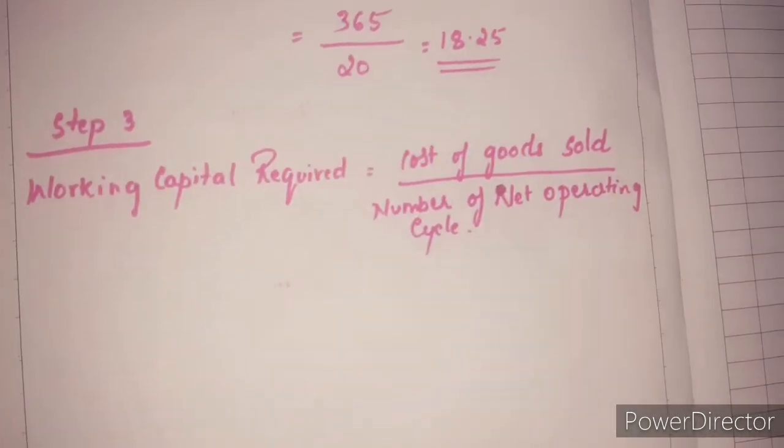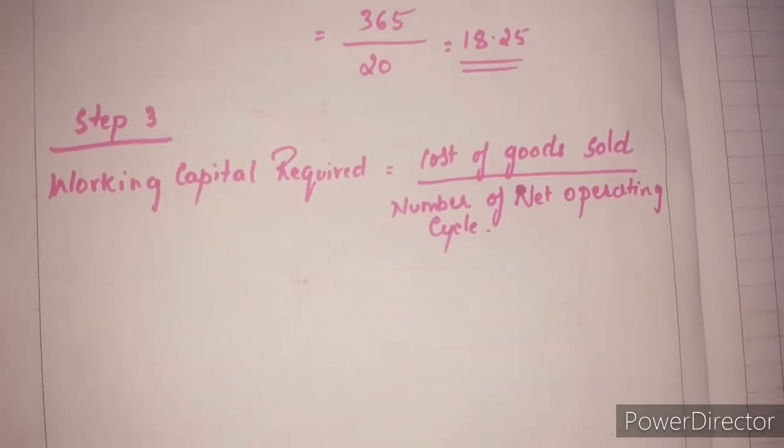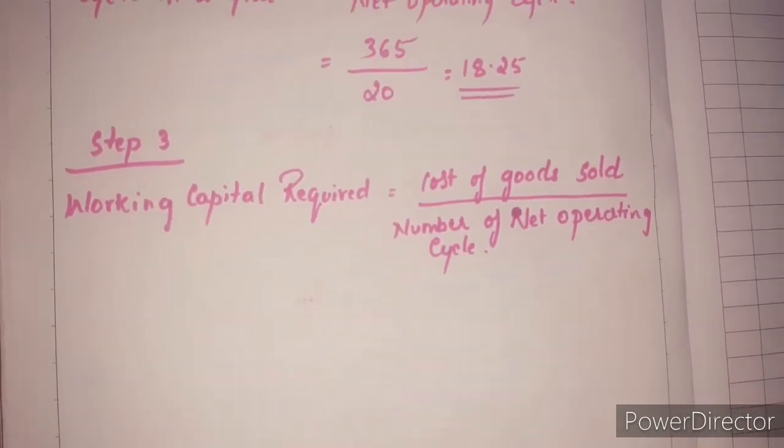So working capital required is equal to cost of goods sold divided by number of net operating cycles.